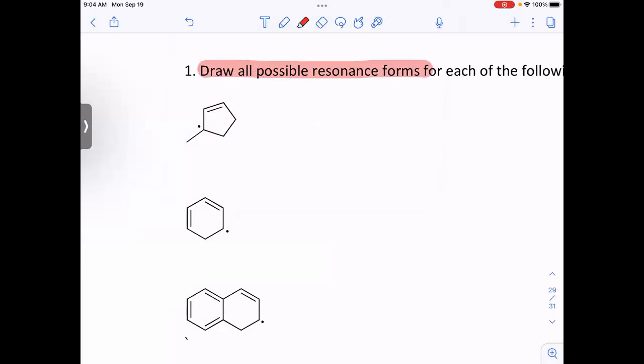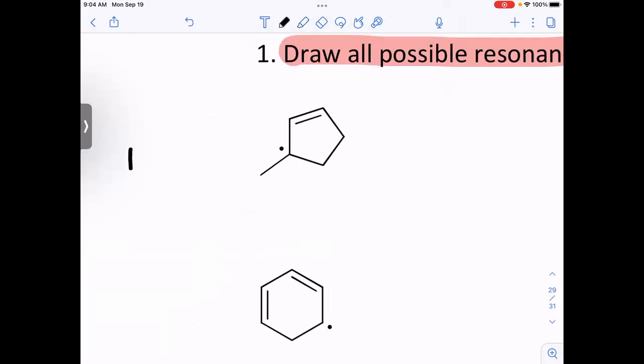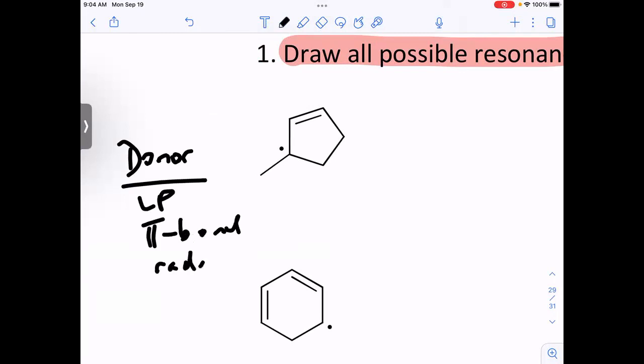Anytime you're able to do resonance, there's something that has to be present, right? You have to have a donor and an acceptor, and they have to be adjacent to one another. So a donor can be a lone pair, a pi bond, or we can even think of a radical being a donor, right?